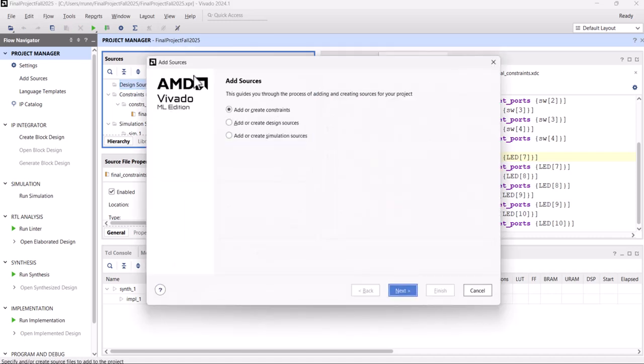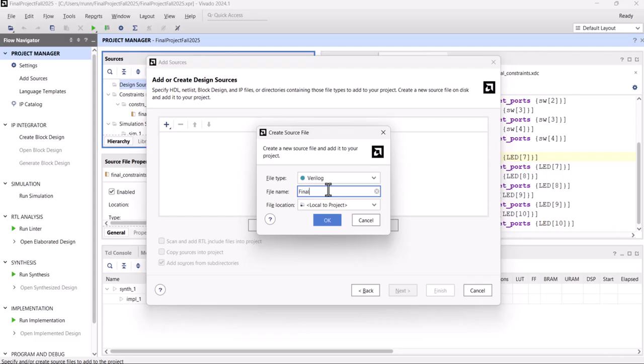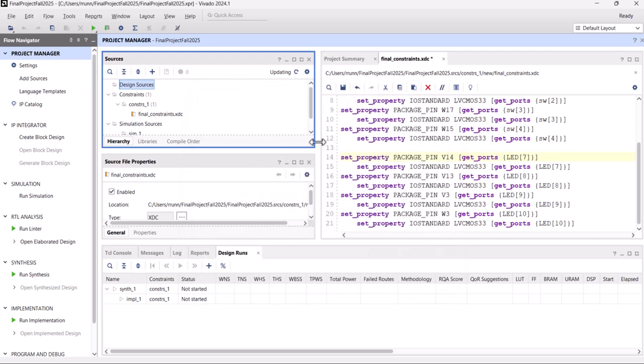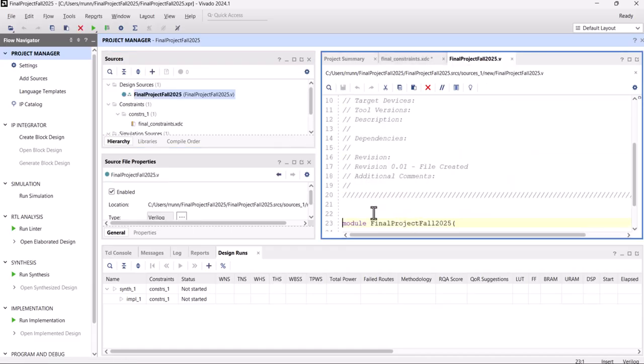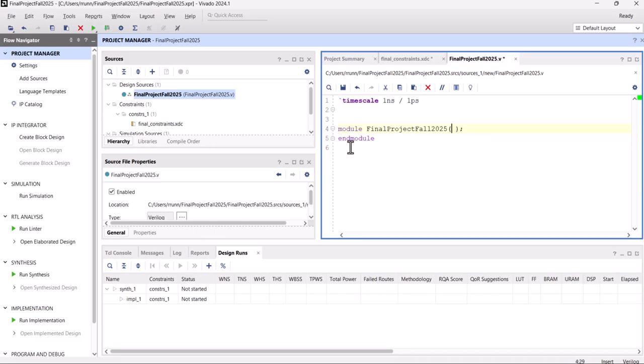Okay, then your actual code. So we will have as our output LED, and our inputs are switch and CLK.